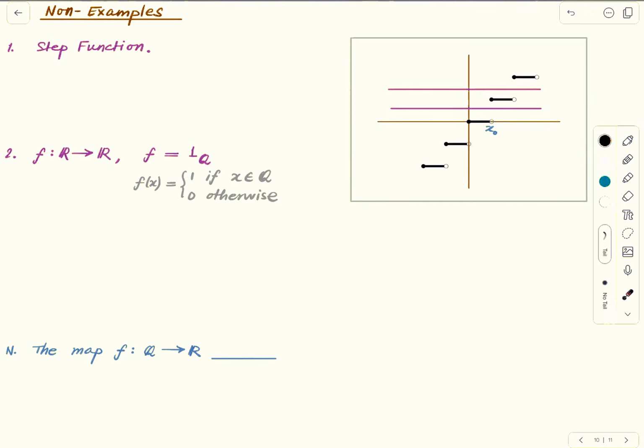So this is our function, and we want to see that this is not continuous. In fact, it will be not continuous anywhere. Why is it not continuous anywhere?